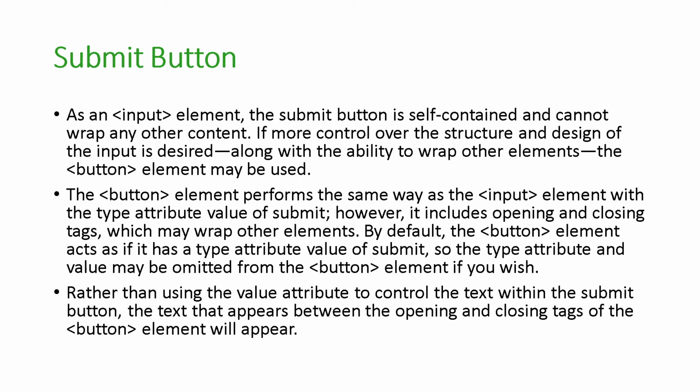By default, the button element acts as if it has a type attribute value of submit. So the type attribute value can actually be omitted from the button element if you want to. Makes it even easier. Rather than using the value attribute to control the text within the submit button, the text that appears between the opening and closing tags of the button element will appear.